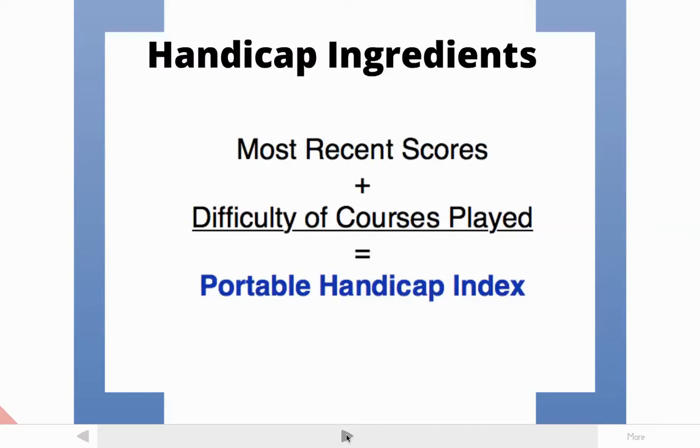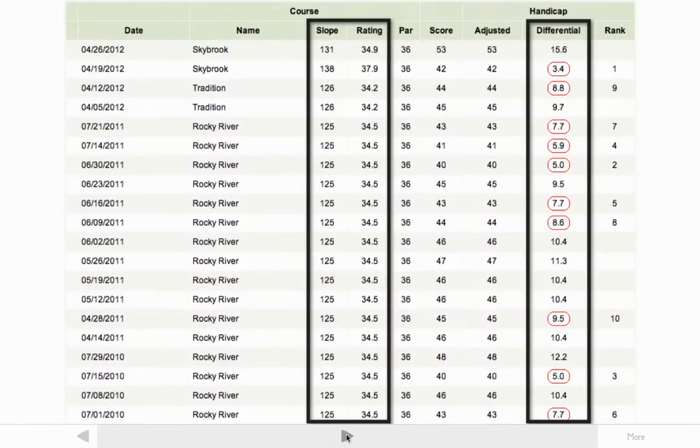So what exactly goes into figuring out how difficult a course is that you played on? Here you can see an example of a golfer that has played 20 rounds, and there are three different courses they played on where the course rating and the slope rating are different.